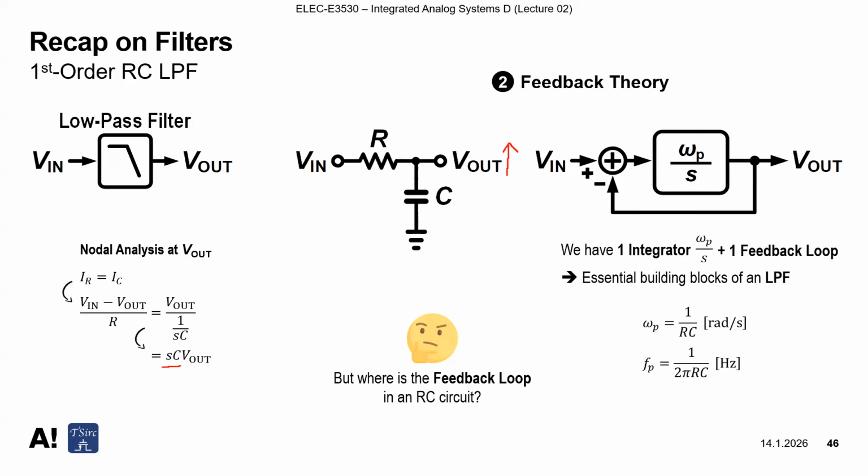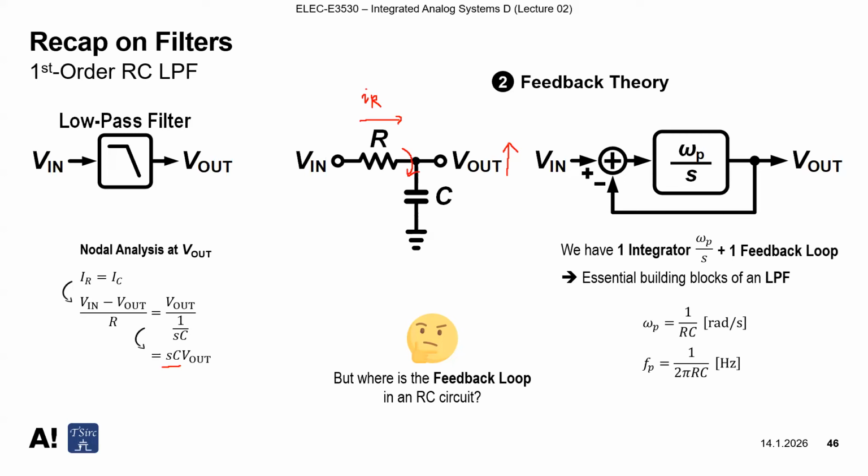Let's say our current is flowing into this capacitor. Then the current going through this R becomes less and less, because its voltage difference, V in minus V out, is becoming less and less.